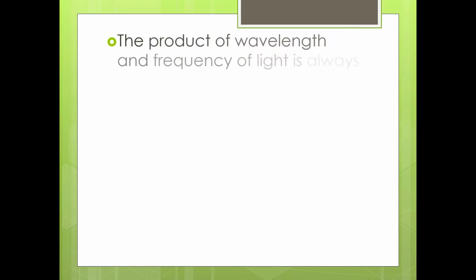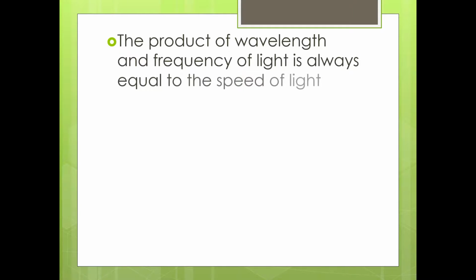Now, moving on from here, one interesting relationship between the frequency and wavelength is that if you were to take the product of the frequency and wavelength of light, this will always equal the speed of light. So the wavelength is usually given by a symbol lambda. So this is wavelength.